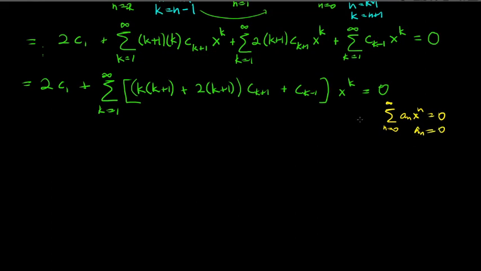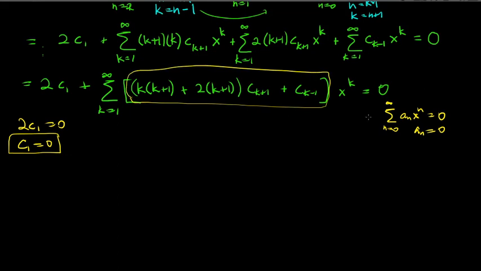So what do we have on the left here? Well, we have 2c1, so that has to be 0, which means if you divide by 2, c1 is 0. And then this whole coefficient here, that's my an, that's my coefficient of x to the n, or in this case, x to the k. All of this has to be 0. I'll leave it like this for now.